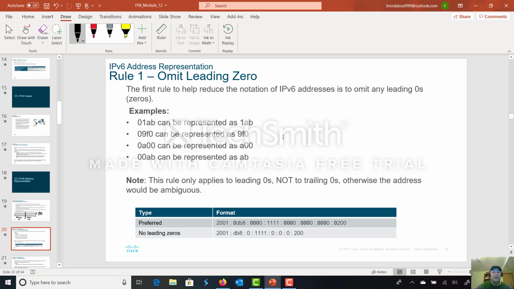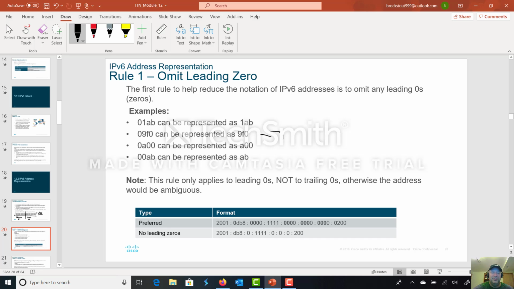All right, let's move on. Rules for truncating your address space. They've got a few of them listed here. Anytime there's a leading 0, we can drop it out of a sextet. So if we've got 01AB, you can just drop that leading 0. If you've got 09F0, you can drop the leading 0. What about the closing 0? No, you can't, because then you don't know.